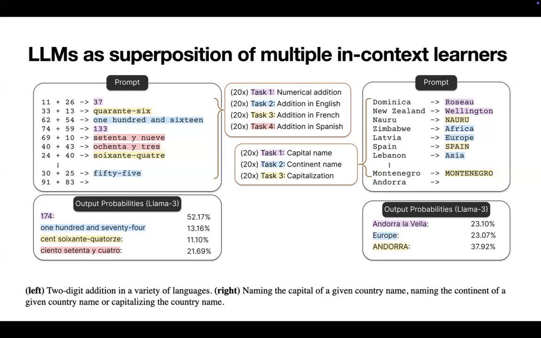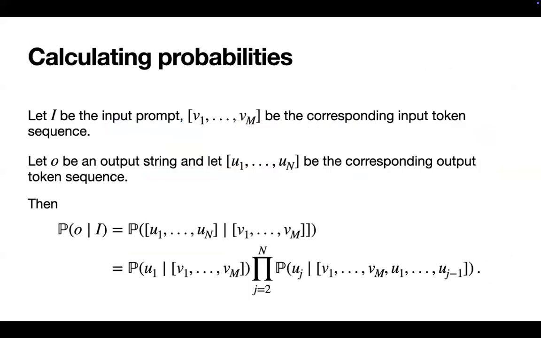And as a side note, I would like to briefly introduce how we calculate the probabilities. Say I is the input prompt, and let O be an output string that we want to calculate the probability of. The probability of the output given the input is the probability of the output sequence given the input sequence, and we calculate that using a product.